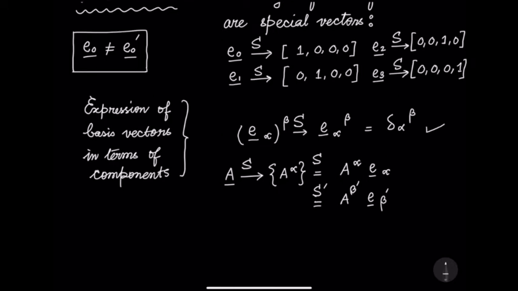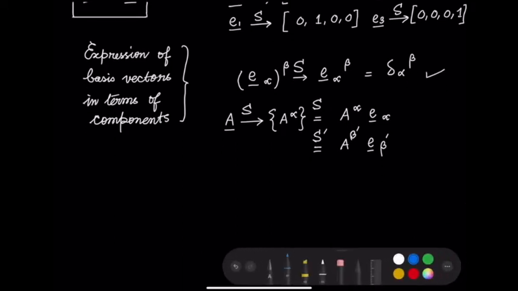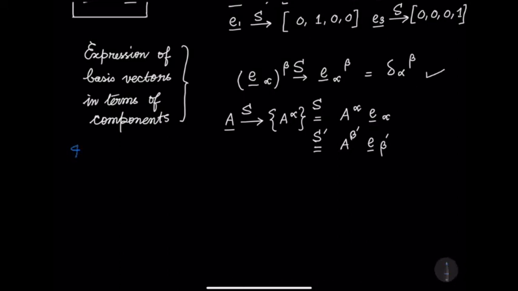If we look at it a little carefully, now it looks like, so this I will put in blue because it looks like, this is a comment which I make in the back of my head, that the suffix, the down index, which we call the suffix, says which unit vector it is.